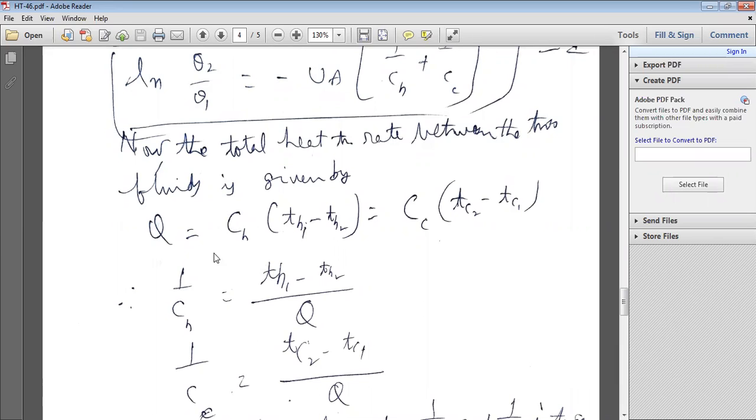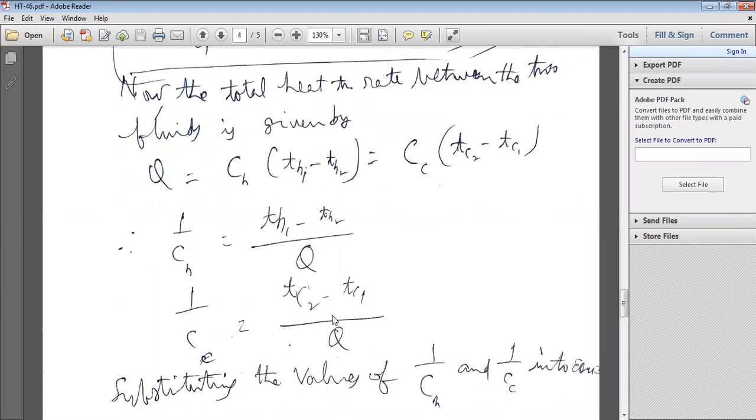From this relation, 1 by CH is equal to TH1 minus TH2 divided by Q. Similarly, Q is equal to CC into TC2 minus TC1. From this relation, 1 by CC, the heat capacity of the cold fluid, is equal to TC2 minus TC1 divided by Q, the total heat transfer rate.